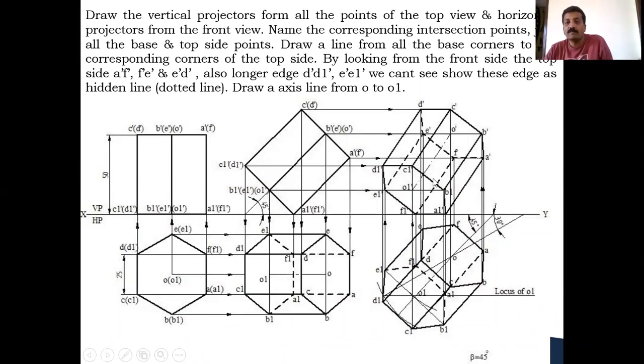Now, after getting all the points, you are looking from the front side of it. You are looking at the complete base. You can see this particular base, the complete base, that's why, which is base A1, B1, C1, D1, and E1, F1, you make this base as the visible edge.